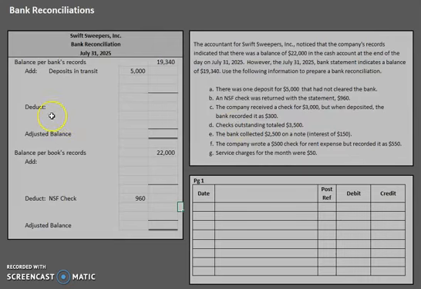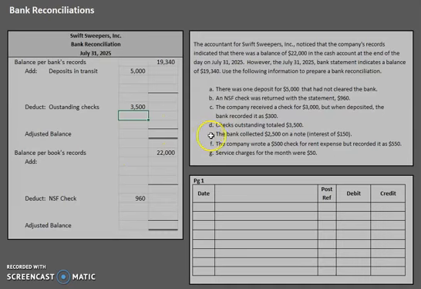There's no way for them to know that you have written that check. So your records are updated, however, the bank's records need to be updated at this point. So let's go ahead and deduct that check. Let's call it outstanding checks, for the total amount that is outstanding, $3,500.